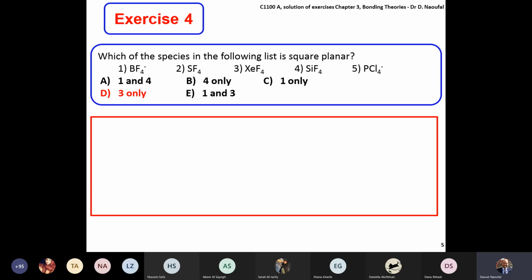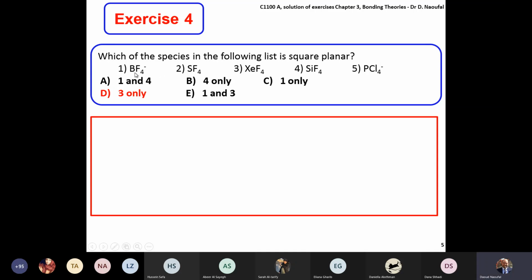Which of the following species in the following list is square planar: BF4 minus, SF4, XeF4, SiF4, or PCl4 minus?